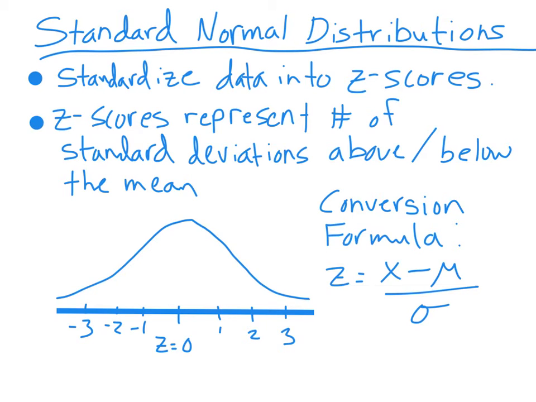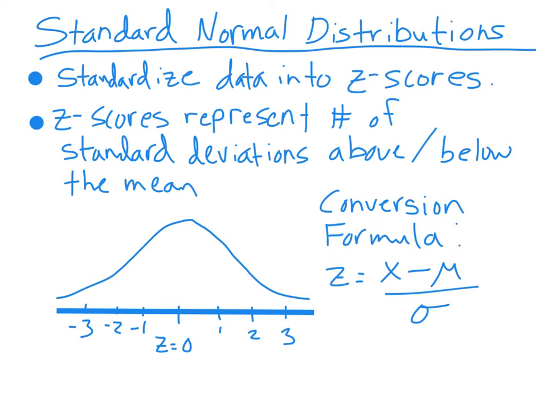This value of 1 stands for z equals 1, and that means it's 1 standard deviation above the mean. We're just taking each data value and turning it into the z-score, which represents how far above or below. The negative values, like a -2, would mean 2 standard deviations below the mean.